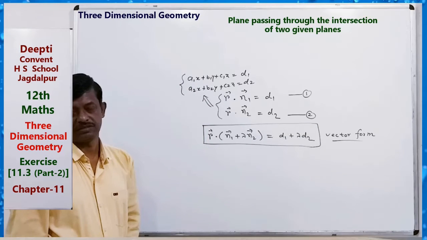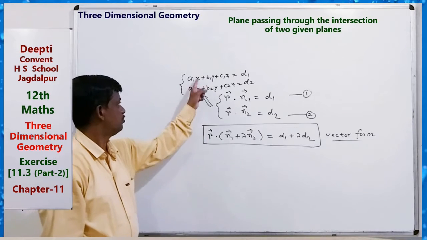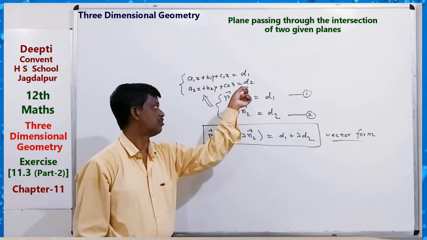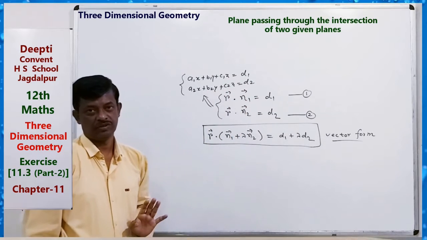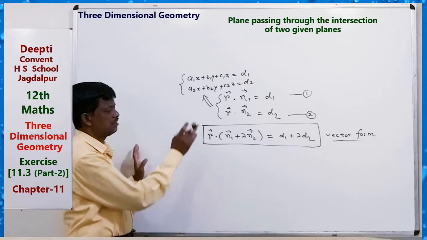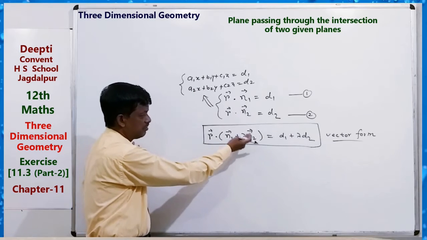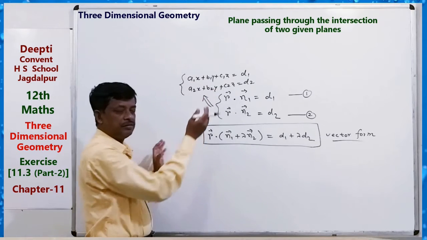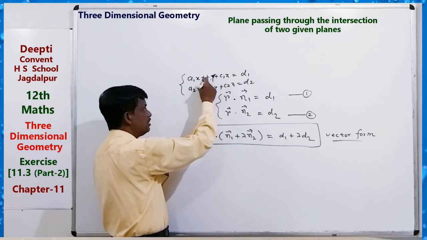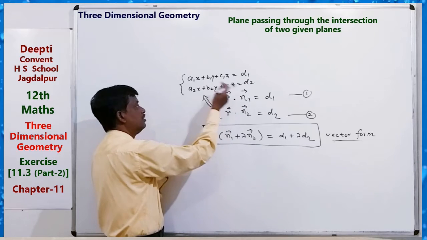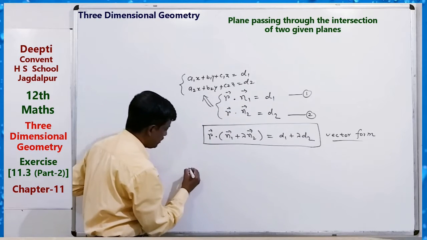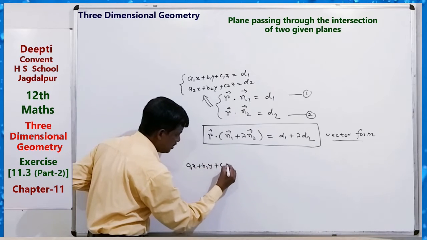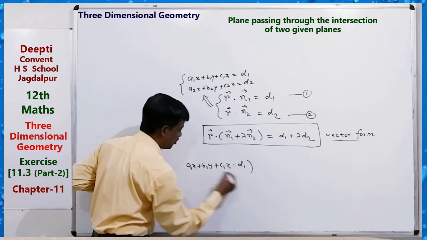Okay, this can be written in Cartesian form like this, where a1, b1, c1, a2, b2, c2 are the direction ratios of normal n1 and normal n2. So similar to this, we can write it by transferring d1 to the left hand side and d2 to the left hand side. Write like this: a1x plus b1y plus c1z minus d1. This is from the first plane.